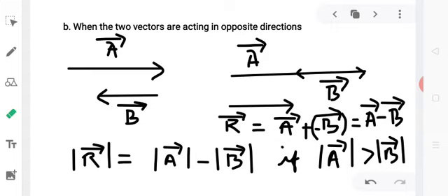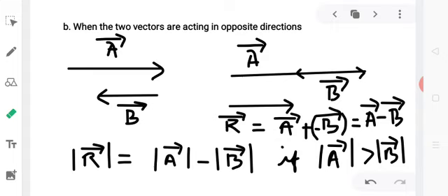So as you can see, R is equal to A plus or minus B. Obviously, since it is a vector, we have to consider the direction. So one direction is considered positive, the other direction is considered negative. So by superimposing one vector on the other, we get the resultant R equal to A plus minus B vector, and that is equal to A minus B.